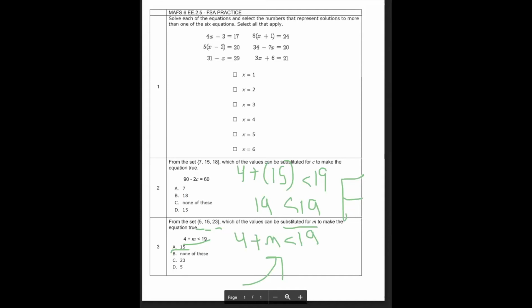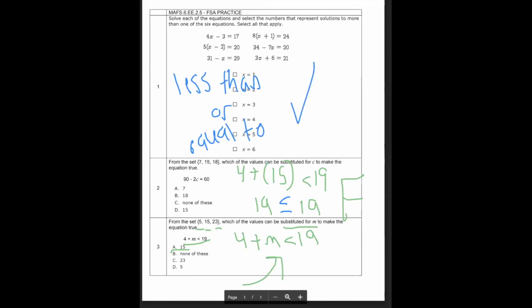So remember how we were saying, I think someone was confused about this, if the sign had a little bar underneath, like a little line, that would be true because that means less than or equal to. And since 19 is equal to that, it's true.